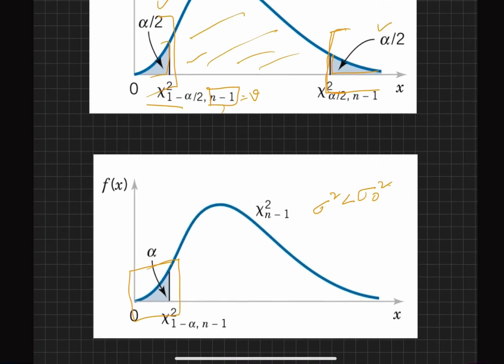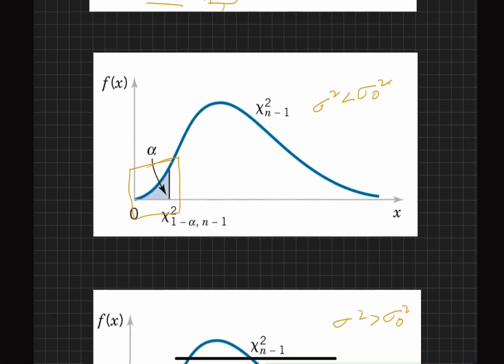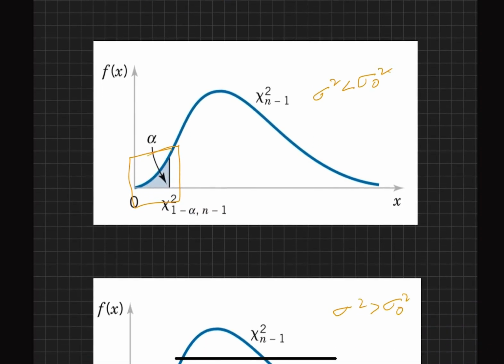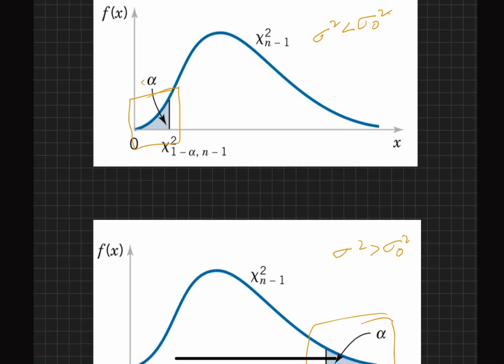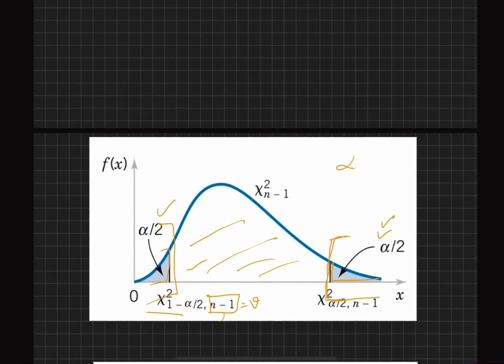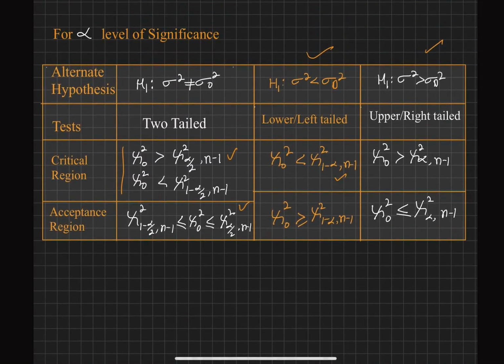So in the two-tailed test, the entire rejection area will be divided into two parts, left side and right part. But in single tail, that is left and right tail test, entire area will be in only one side, that is either in the left side or in the right side. So we have here corresponding critical region and acceptance region.